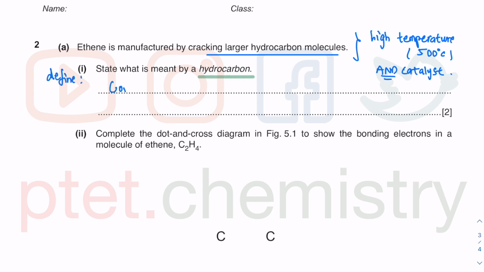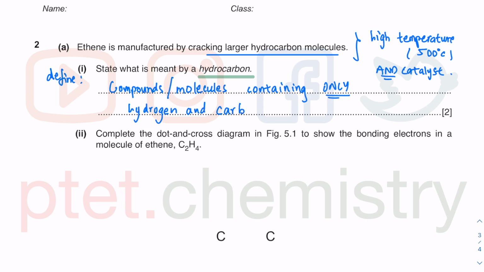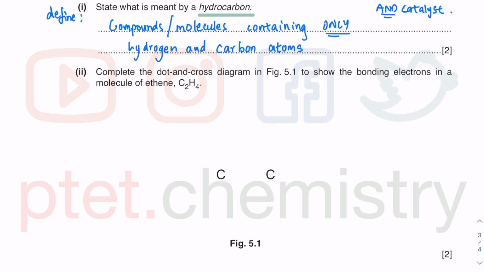They are compounds or molecules containing only hydrogen and carbon atoms only. So there are no other elements, no other atoms except hydrogen and carbon.